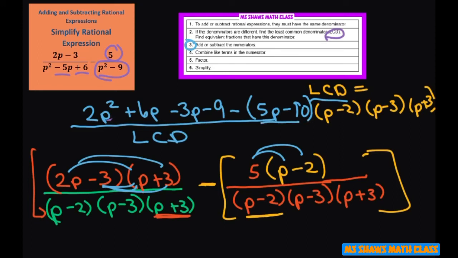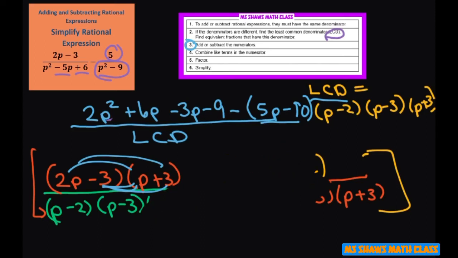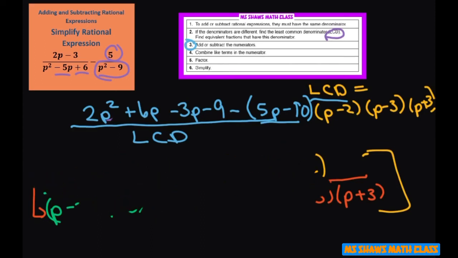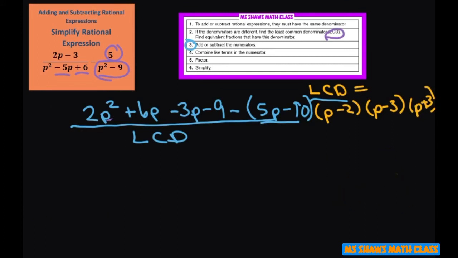All right. Now again, I already have this on the other slide, so I'm going to go ahead and erase this. It's still there if you want to scroll back. Let me erase this real quick and simplify the numerator even further. So basically, let me look at this piece right here. This is going to be minus 5p plus 10.